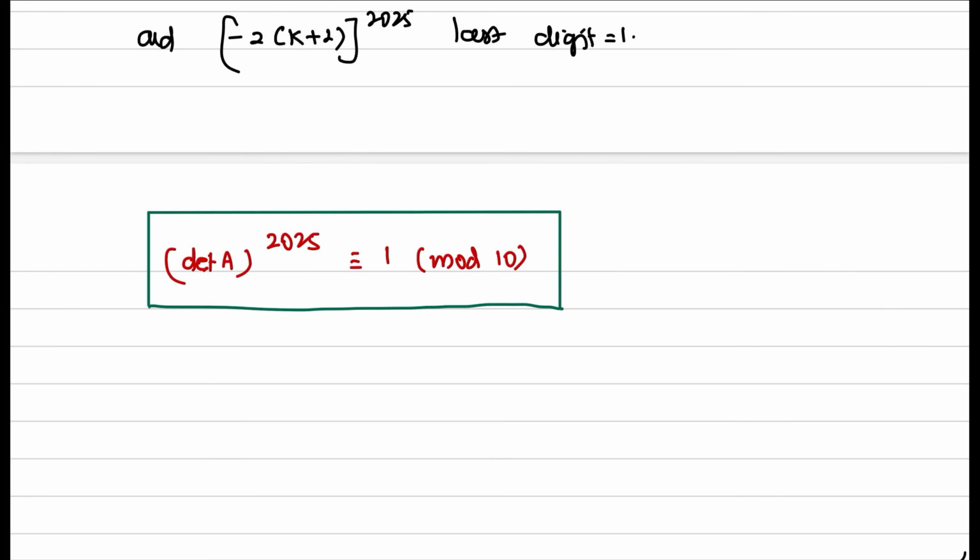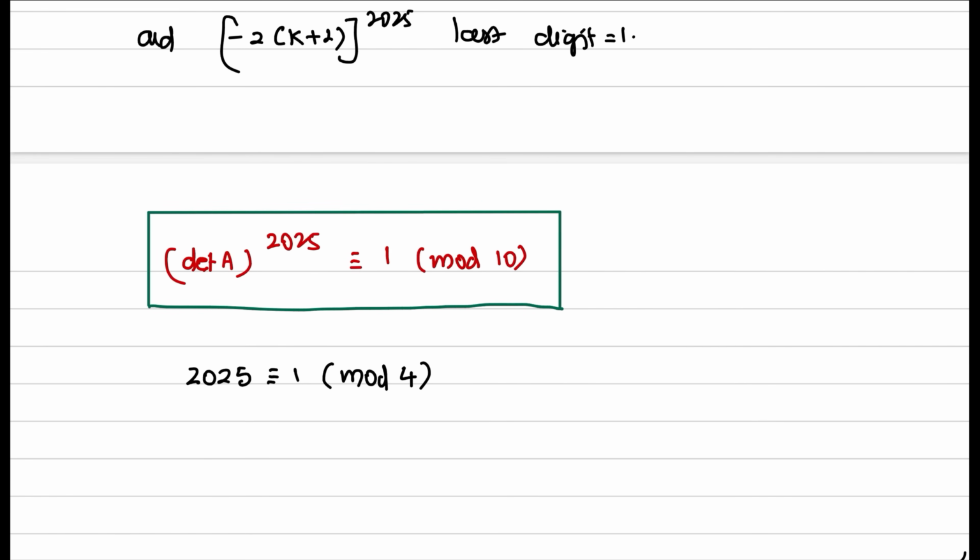For this condition, let us try to analyze what is 2025. 2025 is equivalent to 1 mod 4.